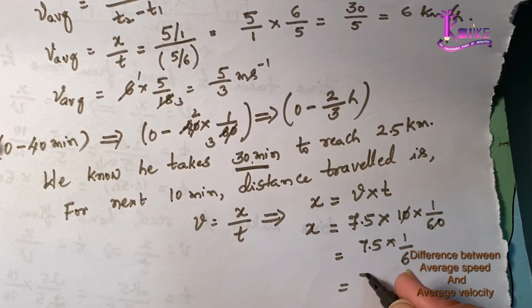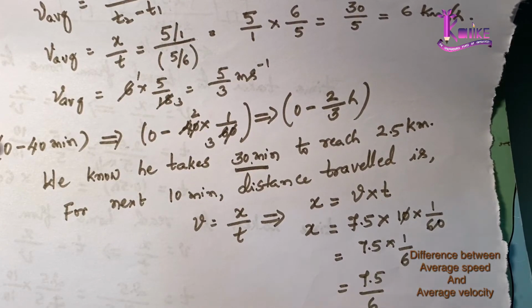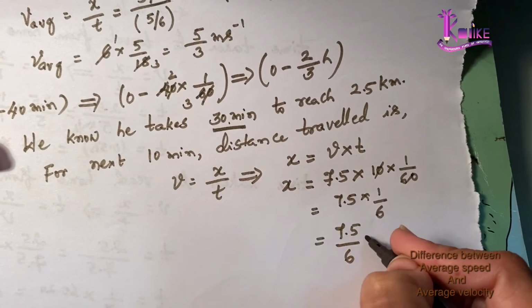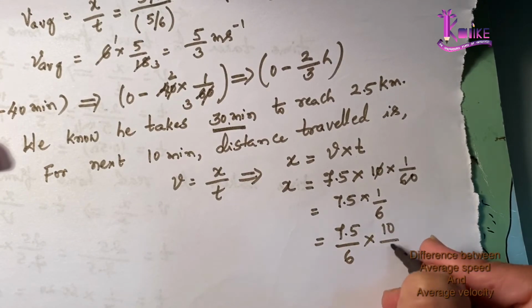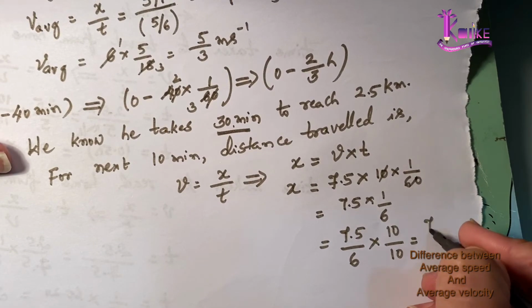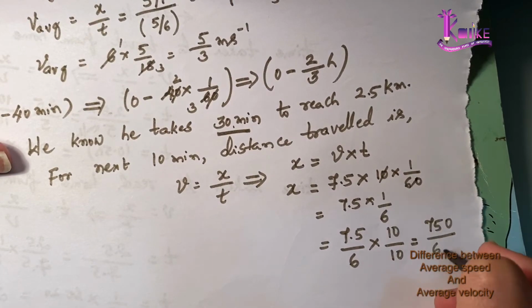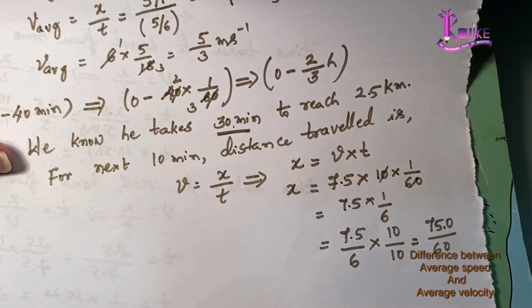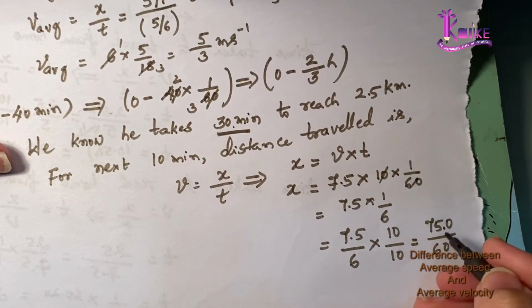Now, so you have 7.5 divided by 6. So what do you do? You have a decimal point. After one digit, multiply the numerator and denominator by 10 by 10. So this will become 750 divided by 60. So keep the decimal point here. There is no decimal point in the denominator.